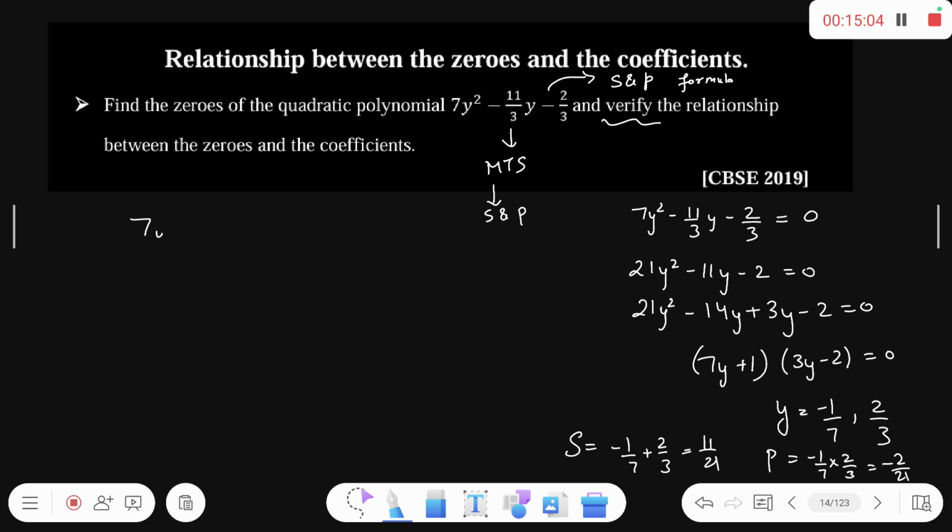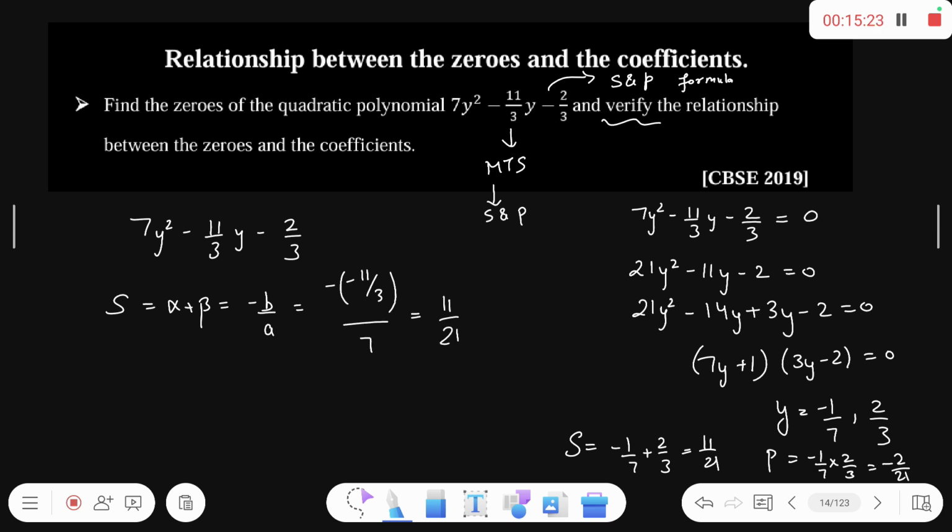And by the formula, for 7y square minus 11 by 3 y minus 2 by 3, sum alpha plus beta is equal to minus b by a, that is minus of minus 11 by 3 upon 7. This comes out to be 11 by 21. And product, that is alpha beta, is equal to c by a, that is minus 2 by 3 upon 7. So this is minus 2 by 21, hence proved.